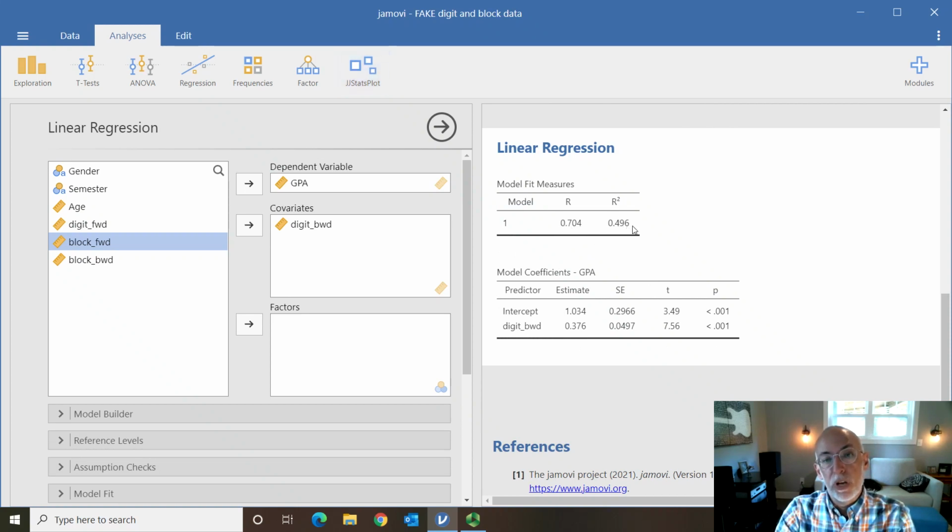The R squared of 0.496 tells us that we're explaining about half the variance in GPA. Half is unexplained by our model. And what we're looking for here is the intercept, which is at 1.3, and we can see the effect of digits backward, and we're looking here at the estimate 0.376. That 0.376 is a slope.